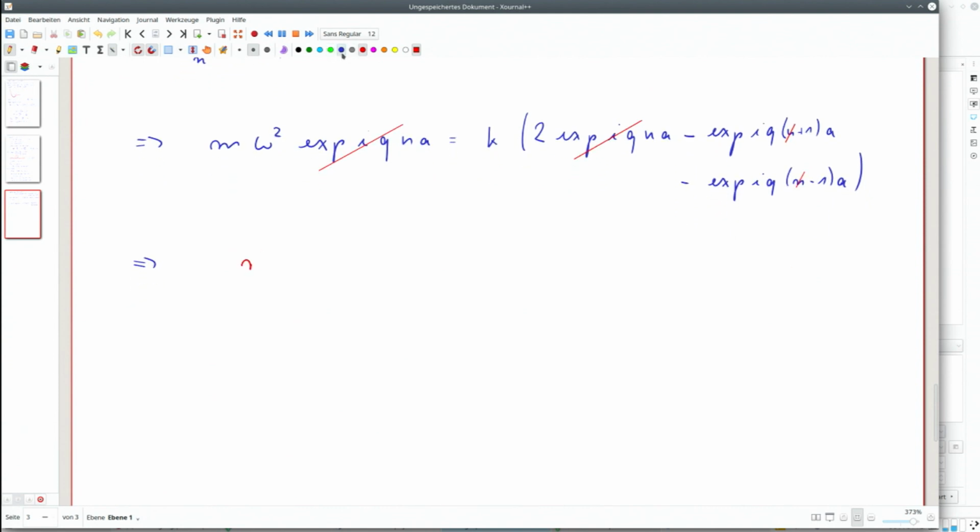So, m omega square equals k 2 minus, and here we have exponential, no, I should write it down, exponential IQA minus exponential minus IQA.